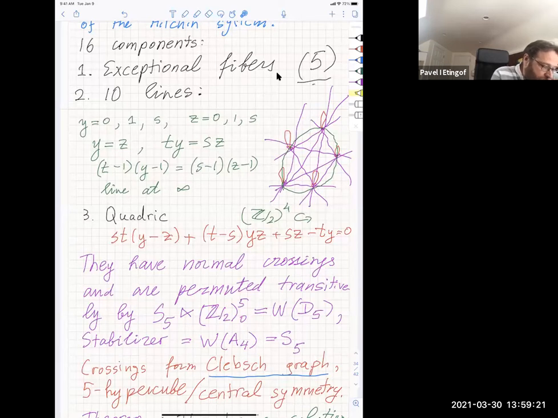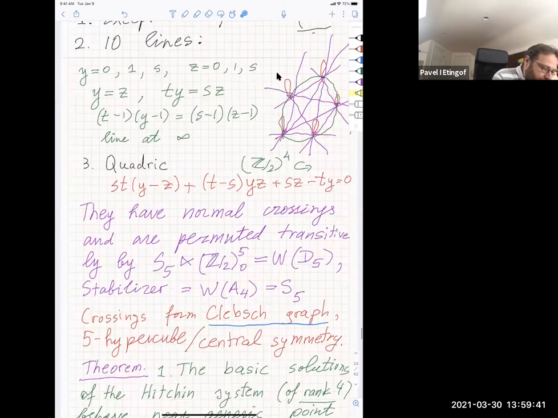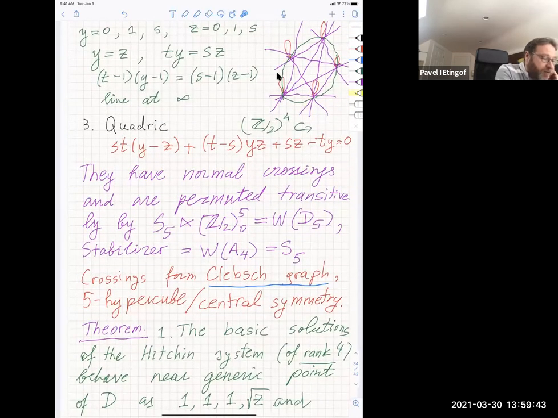There is an action on this whole thing by our symmetry group. In fact, if you also allow to commute the points Ti, then there will be S5 semi-direct product with Z mod 2 to the 5, which is the Weil group of D5. A stabilizer of one component is the Weil group of A4. And what you get is the graph they form.